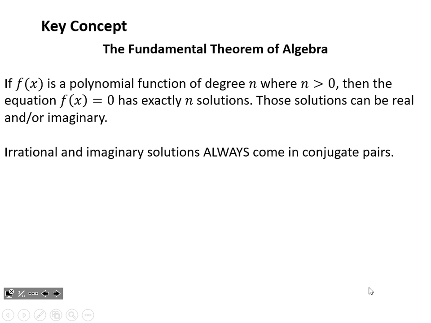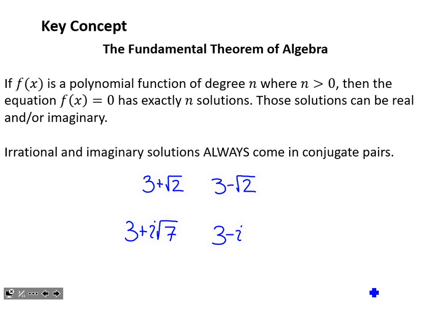So those conjugate pairs, if we were to sketch out a couple instances: if we were to do the quadratic formula and get 3 plus root 2, 3 minus root 2 would also be paired up with that because of the plus or minus in front of the square root. If we got, say, 3 plus i root 7, then 3 minus i root 7 would also be included because the plus or minus is in front of that square root.